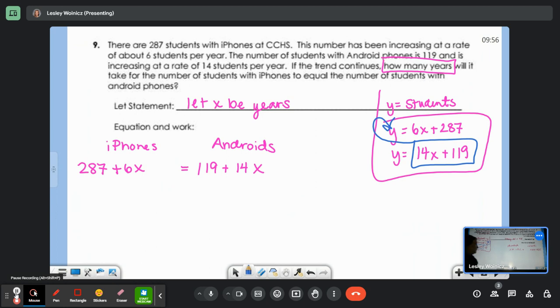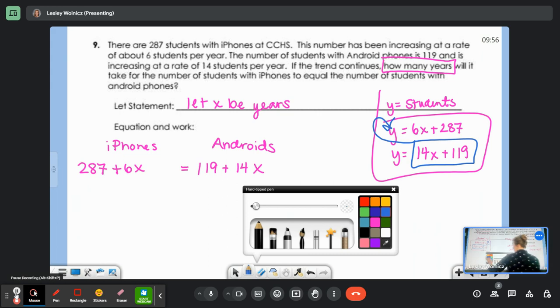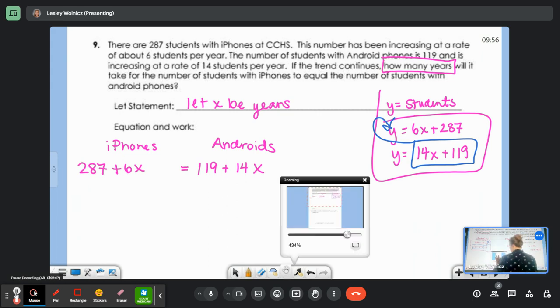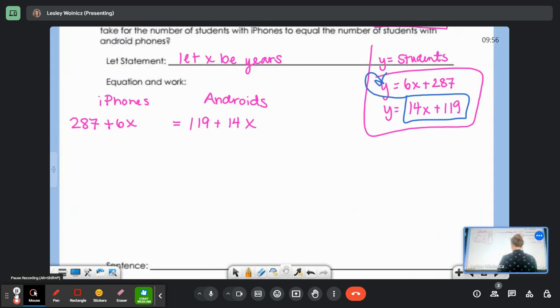Okay. All right, so how do we solve this thing? Well, I want all of my x's on one side. Where do we want the x's? On the right or the left? Really? Okay. If we put them on the left, it's going to be negative.